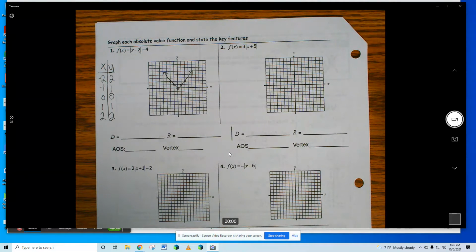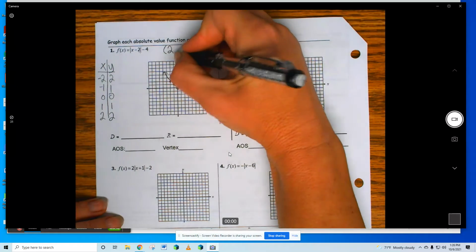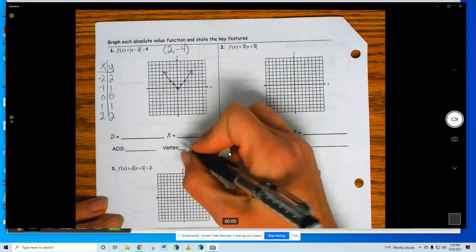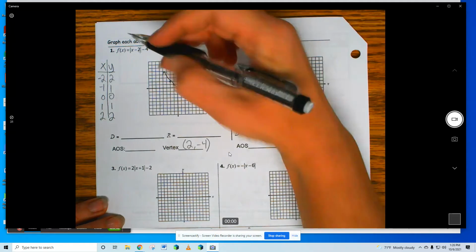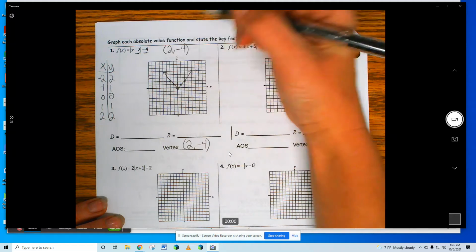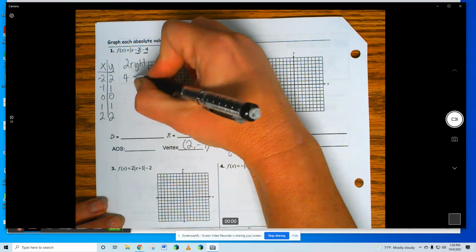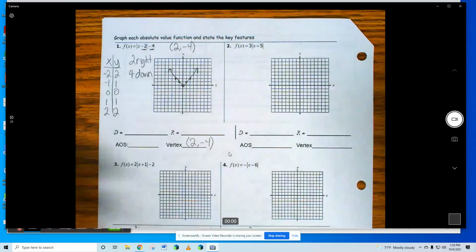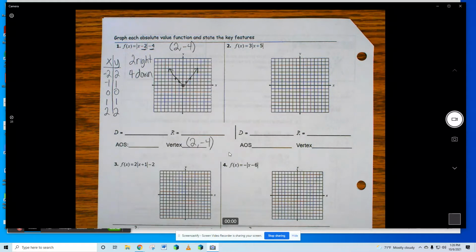Okay, but now I need to go identify my vertex. My vertex is +2, -4. So I'm going to write that where it says vertex. It's this number here, opposite sign of 2, and then -4. 2 to the right, 4 down. I'm literally going to move my V-shaped absolute value 2 to the right and 4 down.